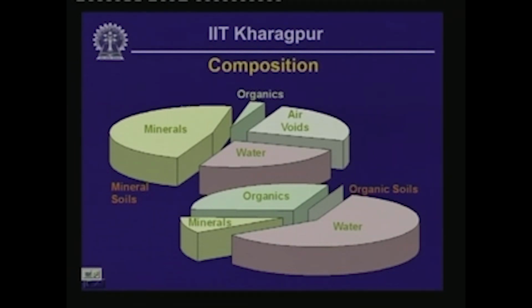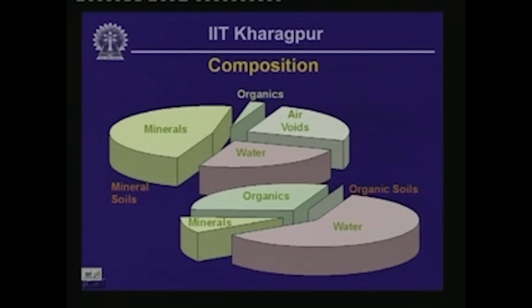One is a mineral soil. Mineral soil would be roughly 25% water, 25% air voids, and 25% solids, and as I indicated, the solids could include inorganic minerals, or organics like wood debris and other different types of organic inclusions.